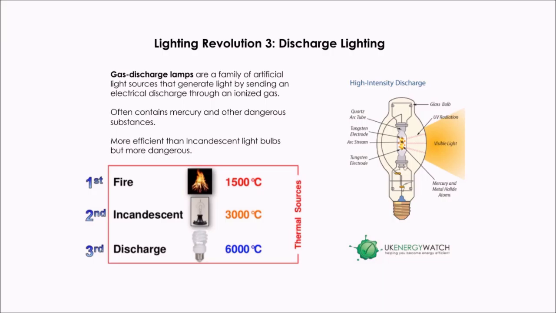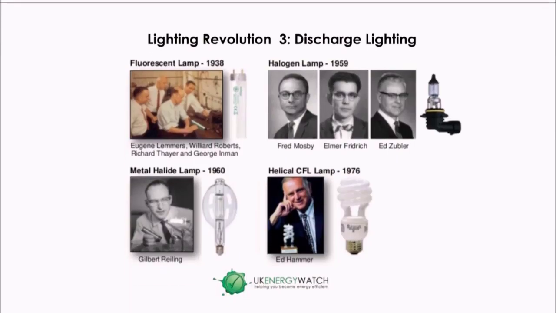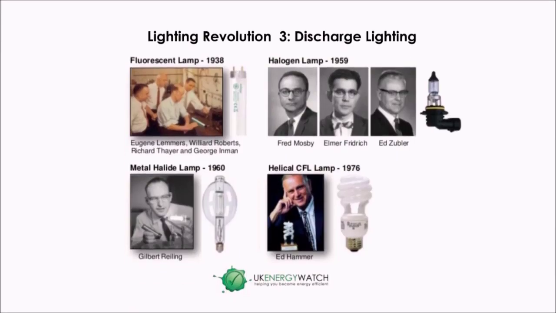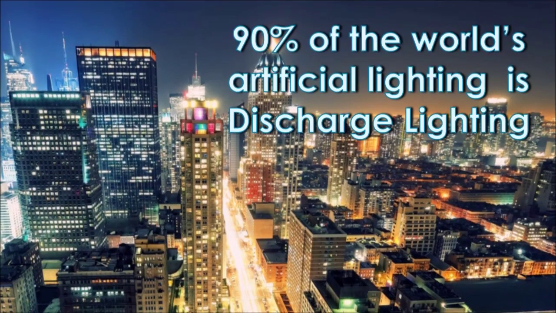And this is where the revolution of LED has come about. We've had to take a step back and find a new way of creating light without creating heat. And I'll just say that at the moment 90% of the world's artificial lighting is discharge lighting.